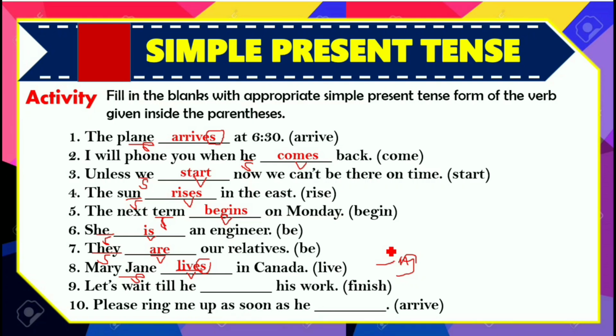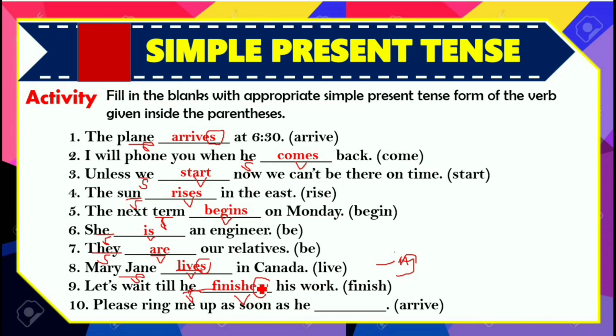Number 9. Let's wait till he blank his work. What's the answer? It is finishes. Let's wait till he finishes his work. He is our subject. Our verb is finishes. We added an es because our subject is singular, so we need a singular verb.